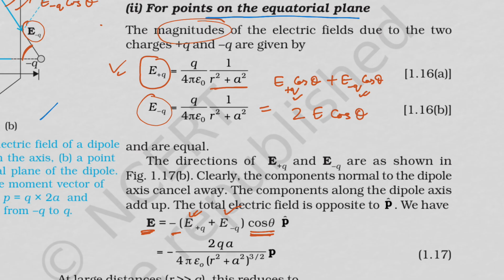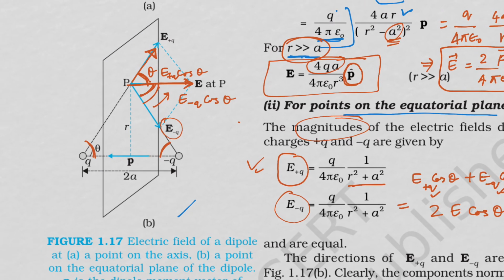All right. But still you see the negative direction. Why do you see the negative direction? Because we have added one element called P, the dipole moment. And dipole moment is always, let me show you here, from the negative to the positive charge.